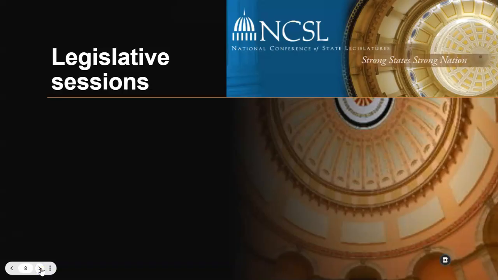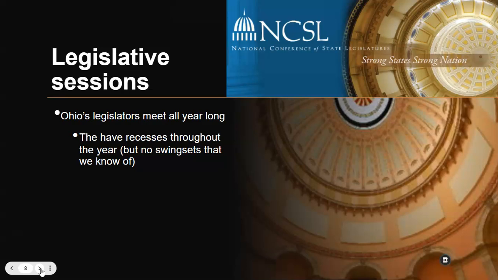So, how do legislative sessions work? Ohio's legislators meet all year long, and they do take short recesses, okay? We call it a recess just like we would with school, but there are no swing sets that we're aware of. Typically Ohio legislators will take recess for summer and winter holidays, but they meet on and off throughout the whole year.